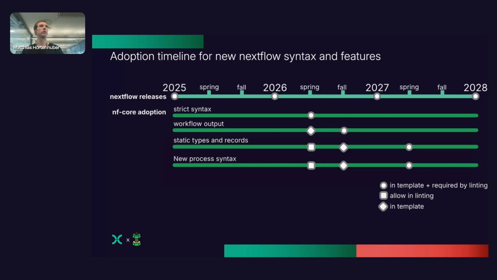So linting will fail when this is not there. Workflow outputs we will first allow in linting and check for them, and then in fall we will actually require it and have it in the template. For static types and records, and also the new process syntax, we will allow it in spring 2026, add it to the template in fall 2026, and then require it in spring 2027.